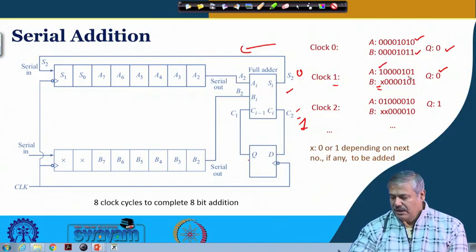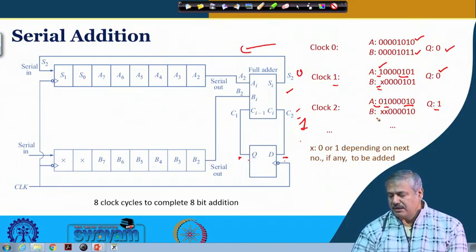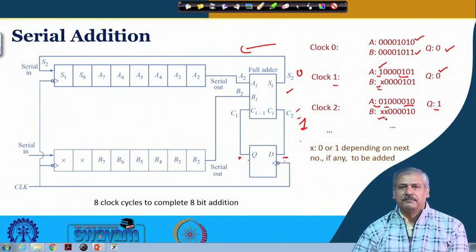So, with the next clock trigger, this 0 will come over here and everything will get pushed. Now, this carry which was at this input will come over here with the trigger. And for B, another such input will come.